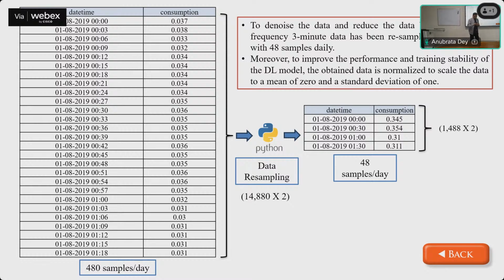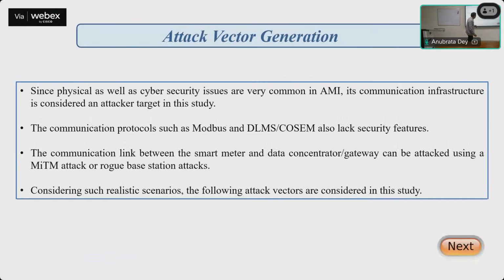Resampling and denoising, all this process we have done so that we can reduce it from 480 samples per day to 48 samples per day. That resampling we have done in Python; you can do it anywhere, MATLAB also or some other tool.